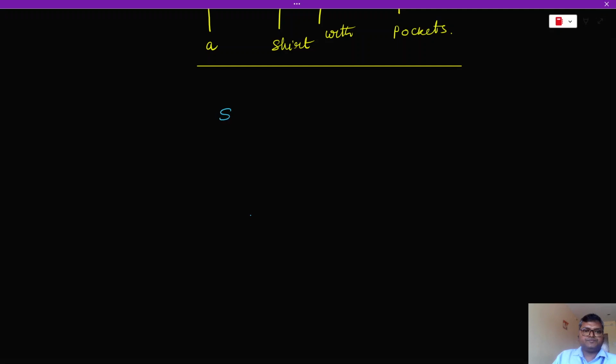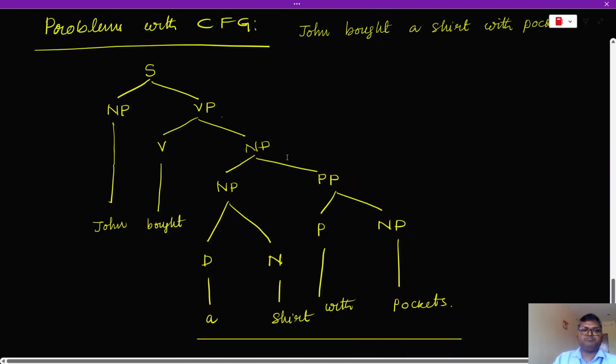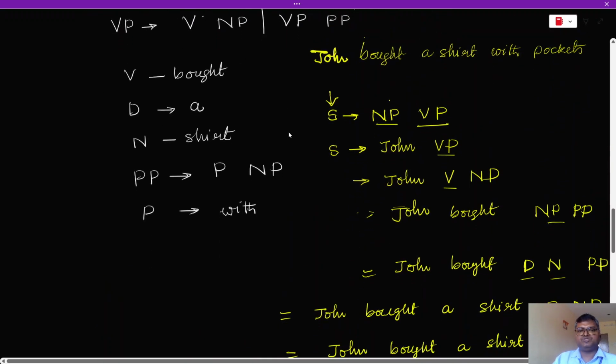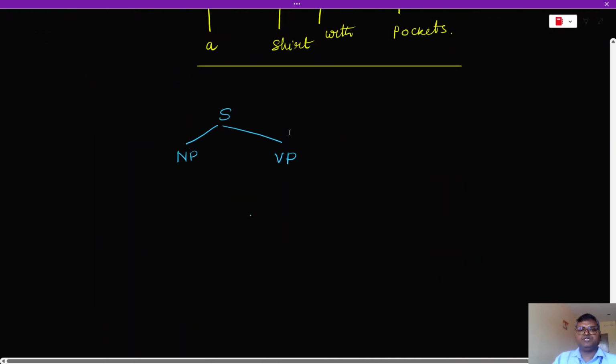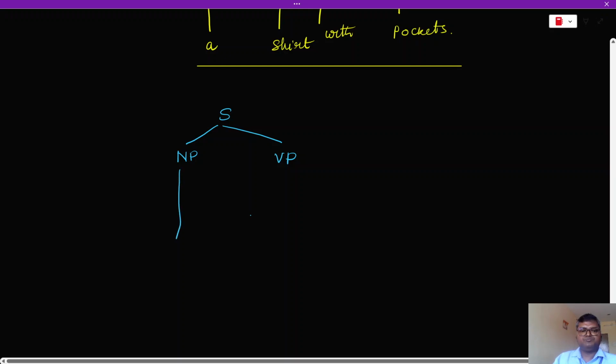So sentence, noun phrase, and verb phrase. Earlier for the verb phrase, I substituted verb and noun phrase. Now what I am doing is substituting verb phrase, and this will be replaced by John, obviously, and this is replaced by verb phrase and prepositional phrase.